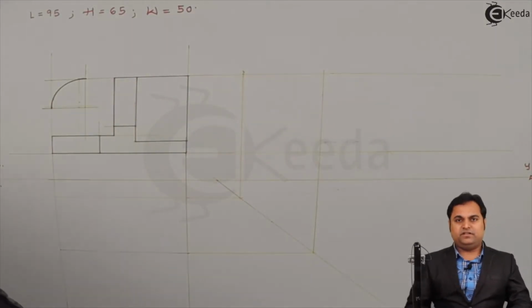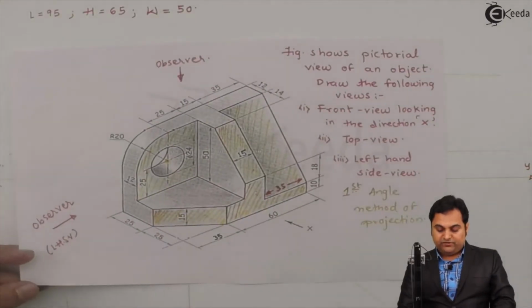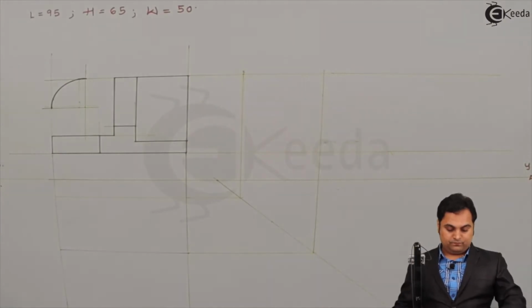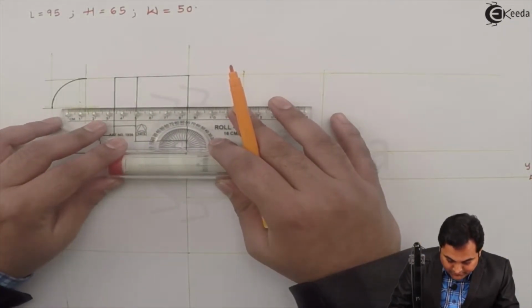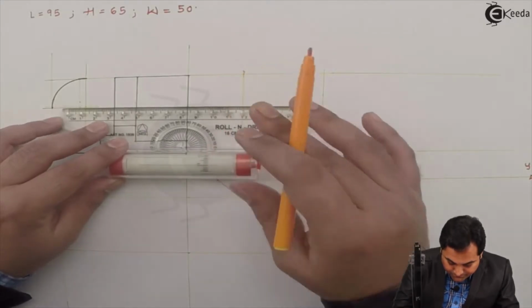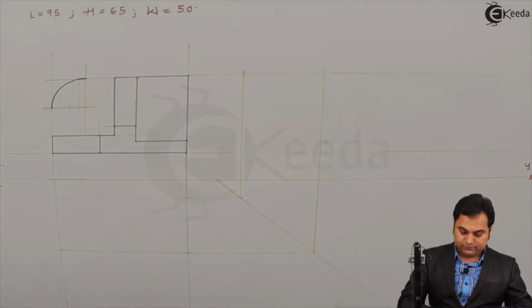Inside the semicircle there is a circle of diameter 24. So from this center I take radius as 12 and I'm drawing that circle.